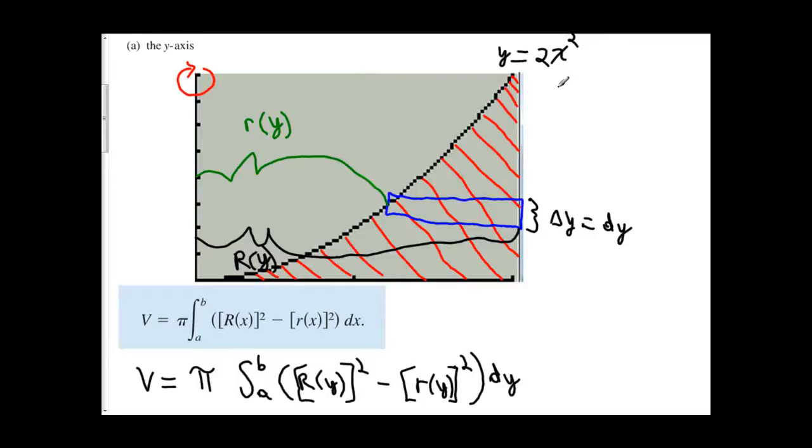So if you solve this equation to make x a function of y as opposed to y a function of x, you would divide both sides by 2. So you start off with y equals 2x squared. You divide both sides by 2, and you get y over 2 is equal to x squared.